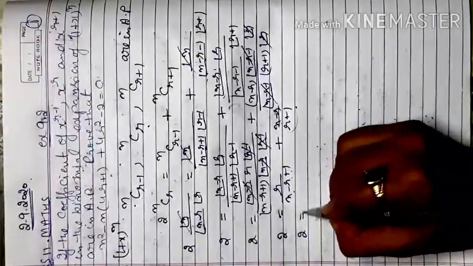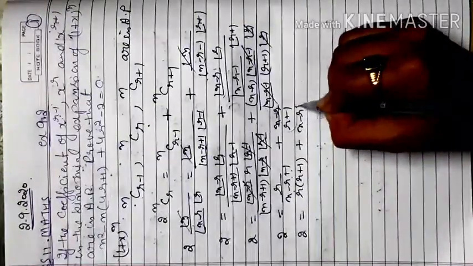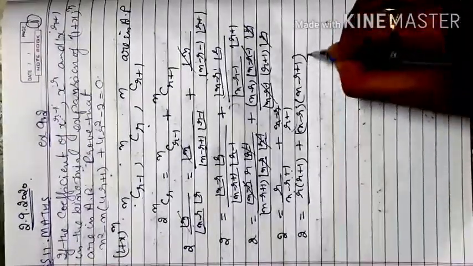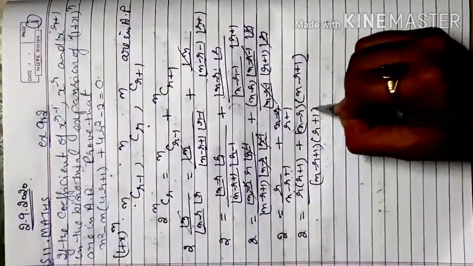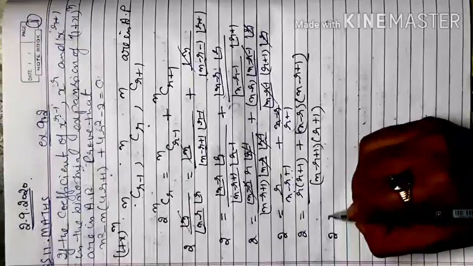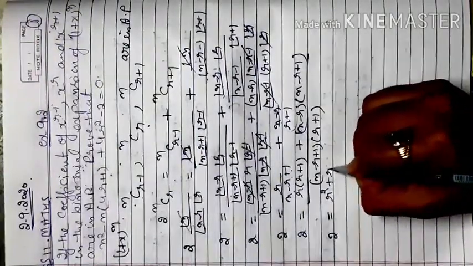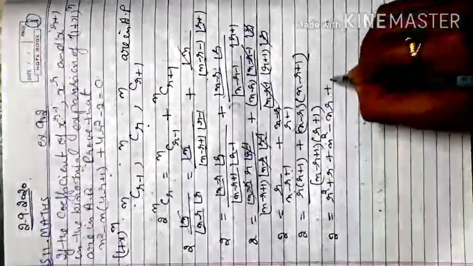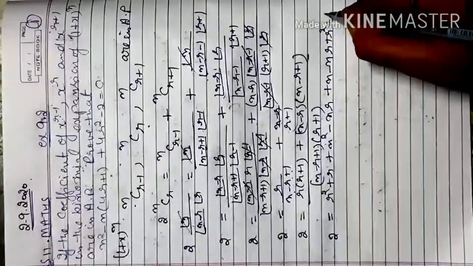So that will be like that, r multiply by r plus 1, then n minus r will be multiplied by n minus r plus 1, and in the denominator also n minus r plus 1 will be multiplied by r plus 1. So when you open the bracket, I will get the numerator and denominator, I open all the brackets, so that becomes r square plus r plus n square minus nr plus n minus nr plus r square minus r.